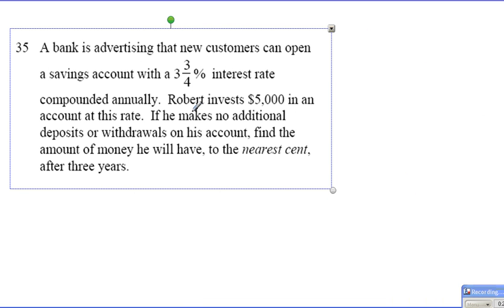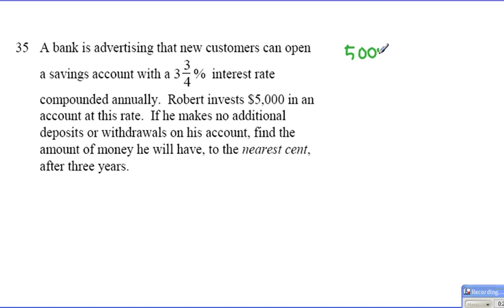Alright, so we invest $5,000. So the expression is, since this one is increasing by that much, what we end up getting is this. We have 5,000, but every year, since that's increasing, we have 1.0375. But how many times will this apply? 3 years.